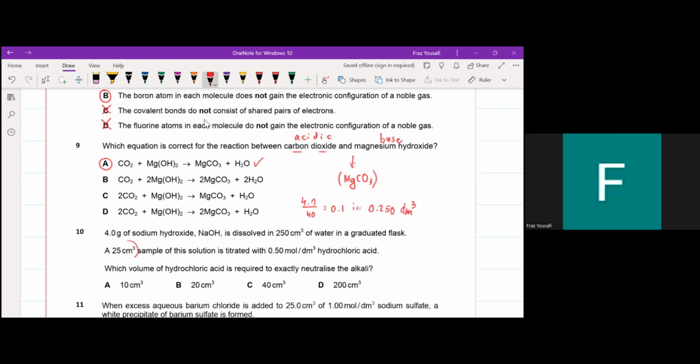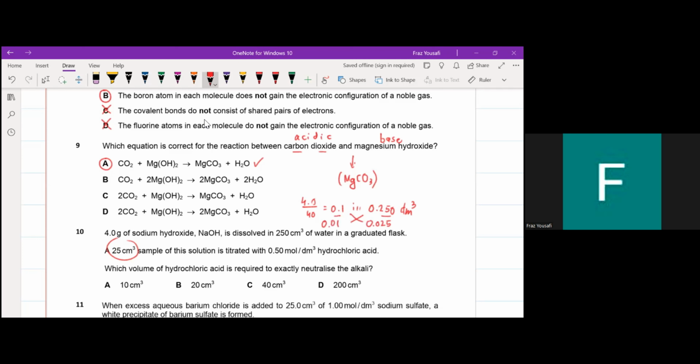Now, remember, they're only using 25 or 0.025 dm cubed. So here's what you're going to have to do. If that's the number of moles in 250, then to find the number of moles in 0.025, you simply cross multiply, and you find out that there's 0.01 moles of sodium hydroxide in the 25 centimeter cube.